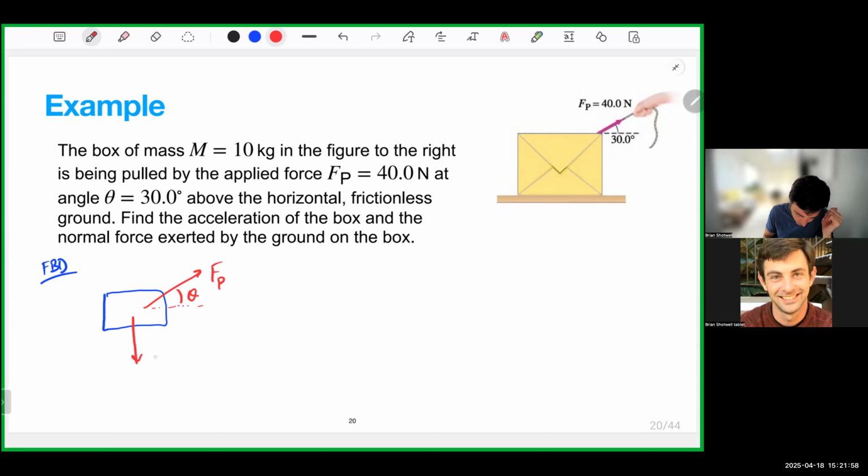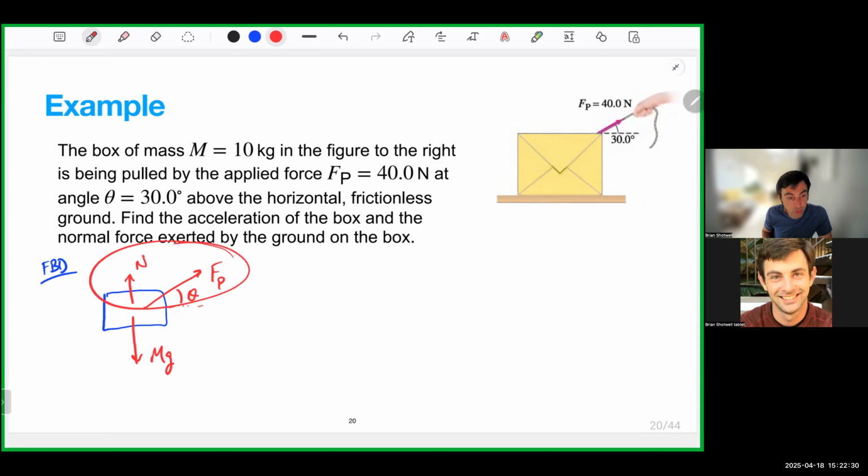And then there's always mg pointing vertically downwards. And so the box does not go into the ground, there's also this normal force that's helping the applied force.